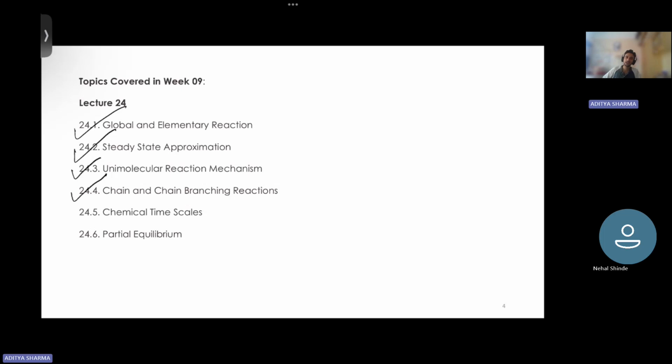Chain branching is that in the reaction, let's say we have some step which leads to a radical. A radical is highly reactive. So this radical will further react with some species, which will again give rise to some radical which is highly reactive. This way your chain keeps on moving, which is why it's called a chain reaction.